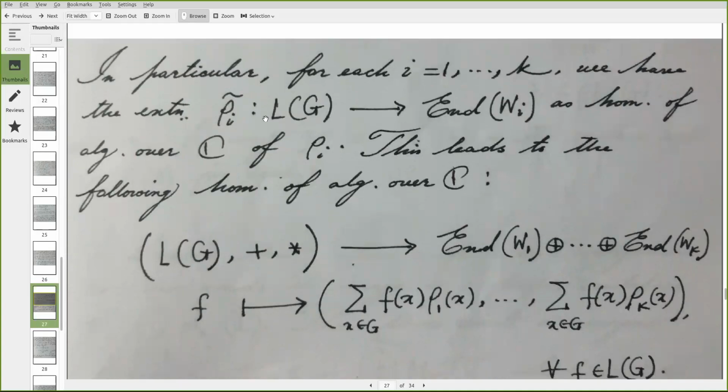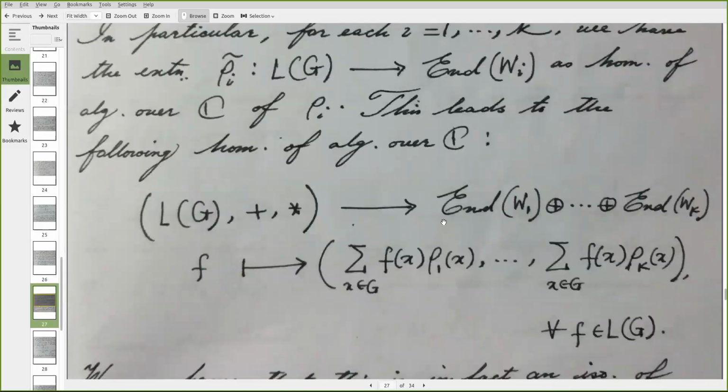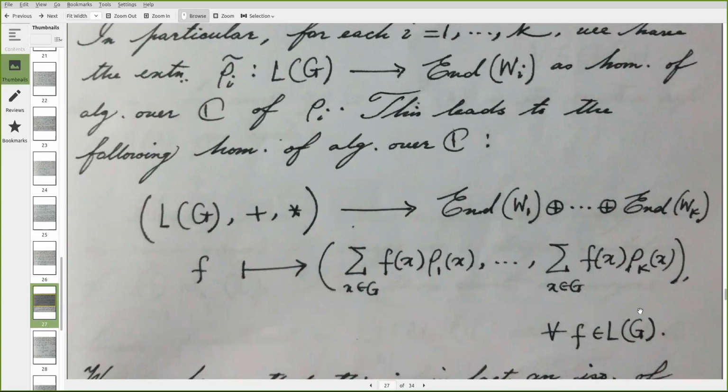So for each i we have such a homomorphism from LG to End(W_i), and thus I have k such homomorphisms. Once we keep all these homomorphisms in a tuple, that gives us a homomorphism from LG to the direct sum of endomorphisms of W_i, and this is the homomorphism.